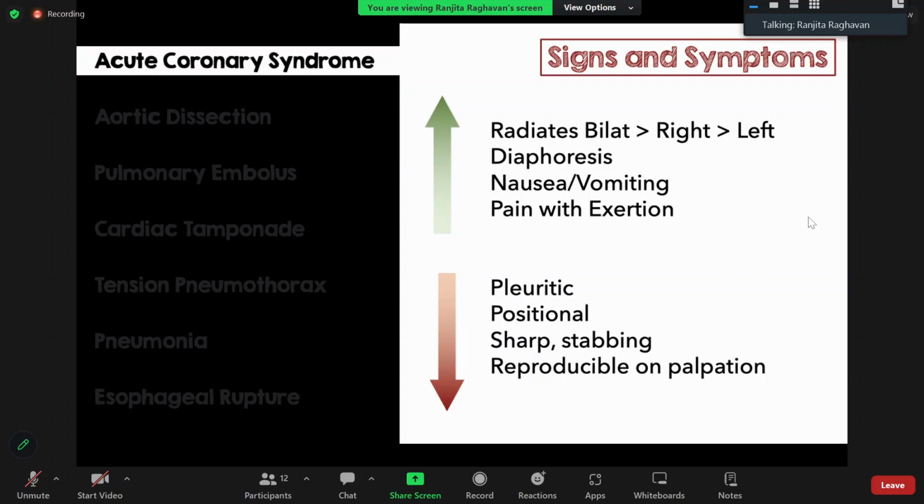So for ACS, if the patient has diaphoresis, so they're sweating a lot, they look really terrible, they have radiating pain, they have nausea and vomiting, or they have pain when they're exerting themselves, we know these are all things that are not very good. Whereas if the pain is positional or stabbing or reproducible, that makes us feel a little bit more reassured that it may not be a cardiac etiology.